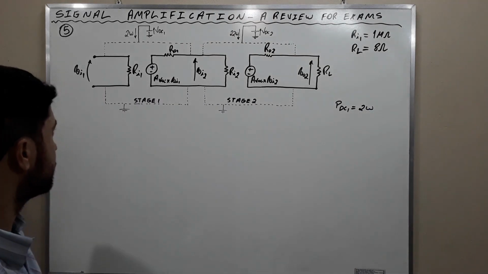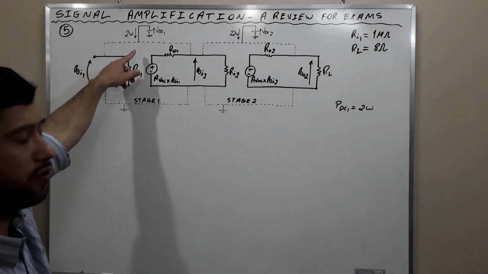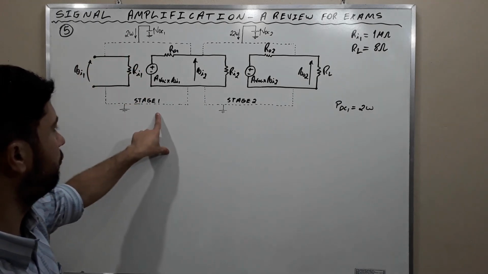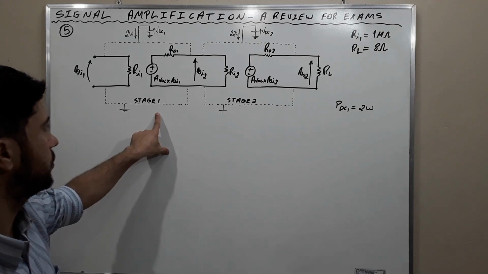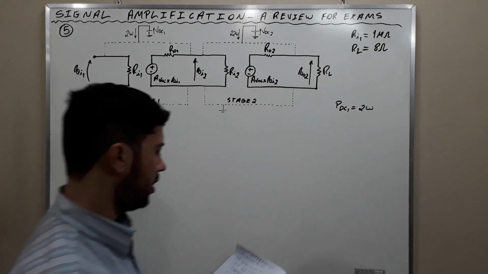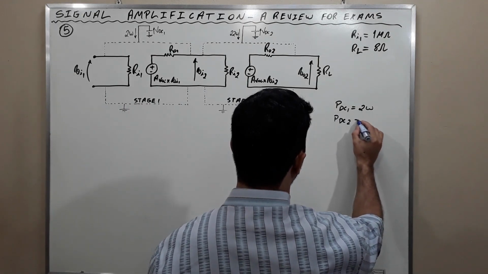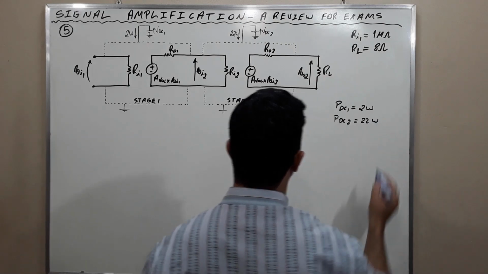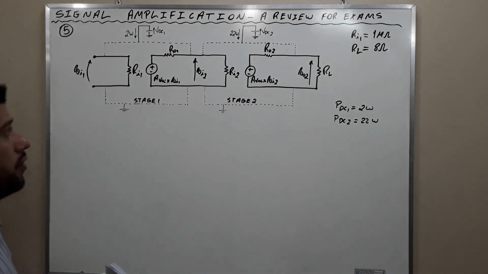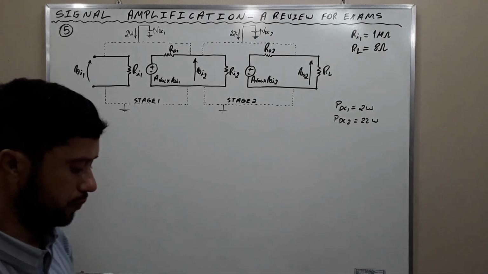Okay, this is the power of the DC power supply feeding stage 1 or the first amplifier, and PDC2 is equal to 22 watts, which is the DC power being fed to stage 2. Okay?